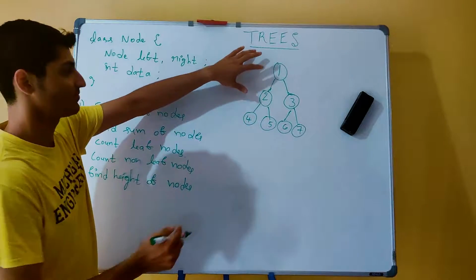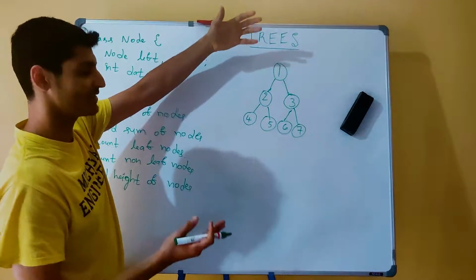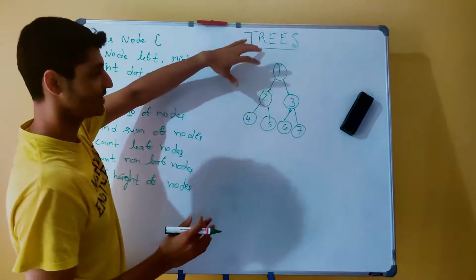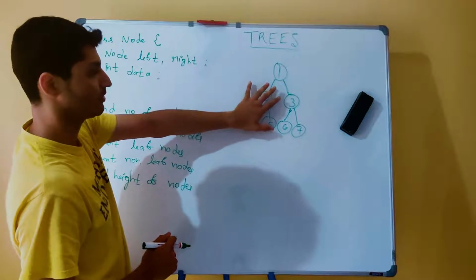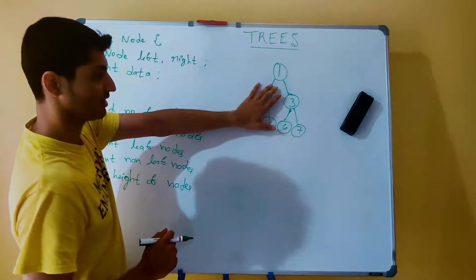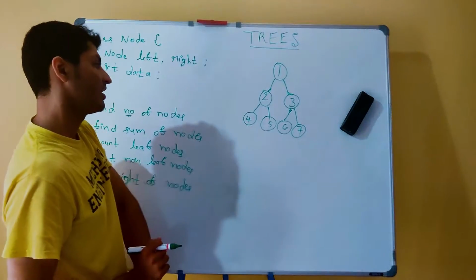So, here's an easier way to think of it. First assume that you have the solution for your left subtree: the number of nodes in the left subtree and the number of nodes in the right subtree.